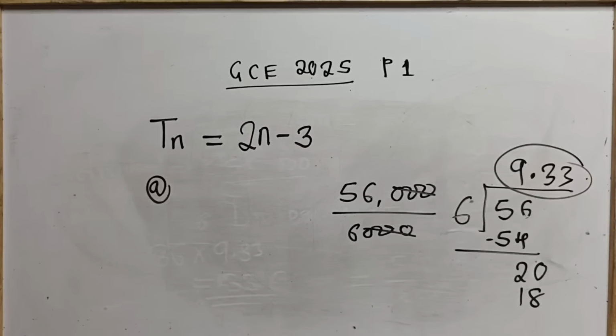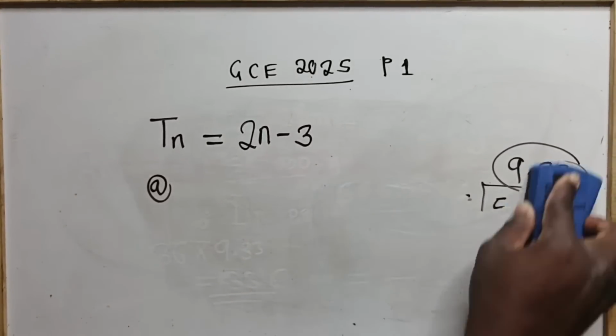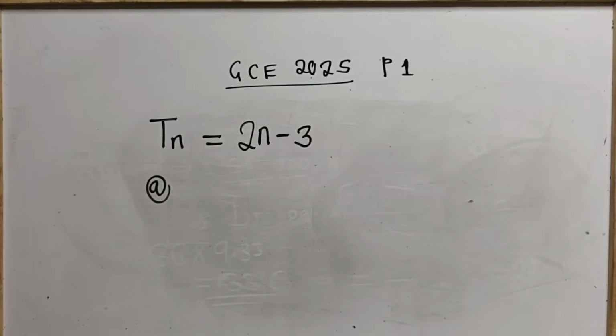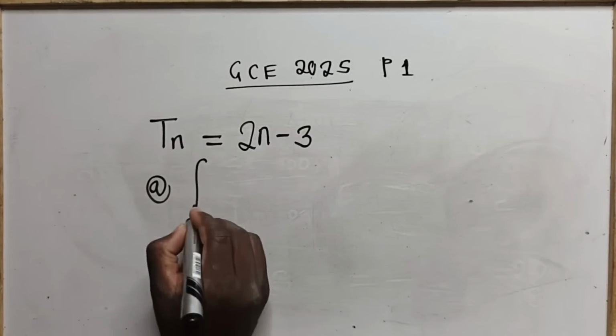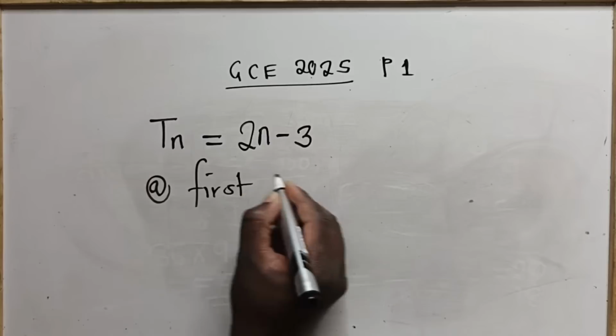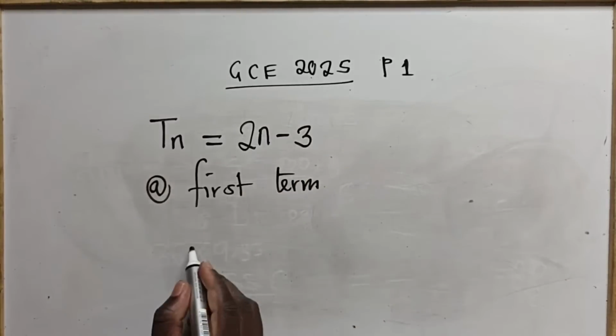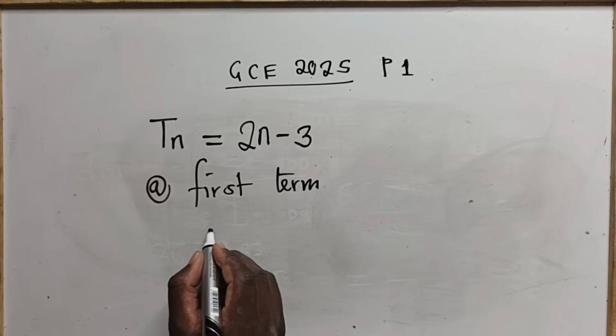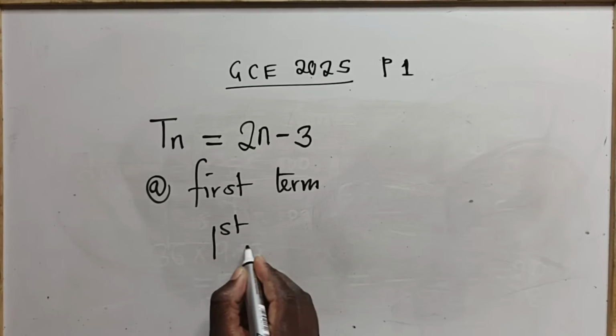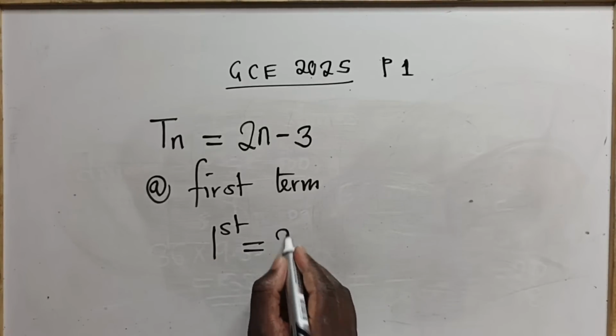Okay. So now we go to the question that we are doing. They have said we find the first term. To find the first term using this formula, where there is n, we'll put a 1.